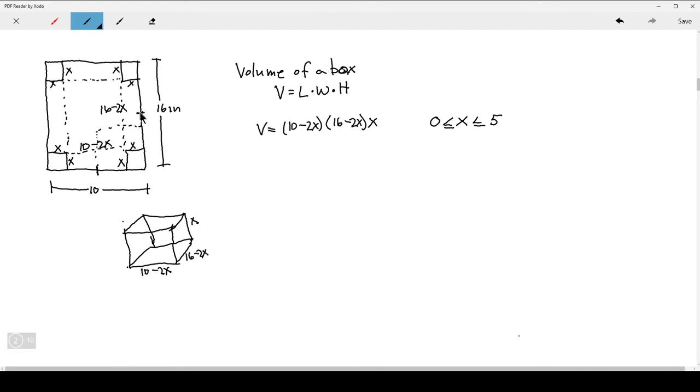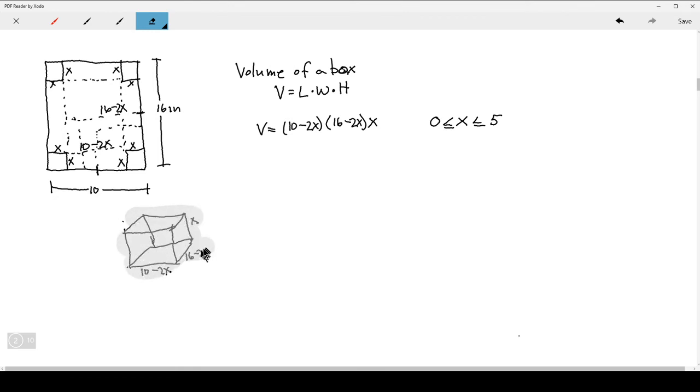If I tried to take out 8, I would be further out than the middle of the box on that side. So my constraints right here are 0 to 5. Let me get my box out of the way.